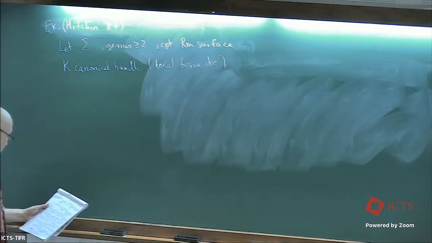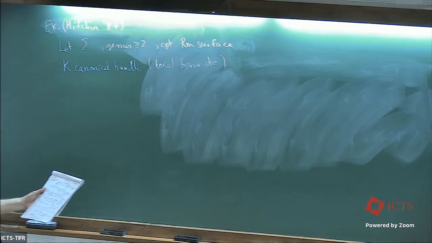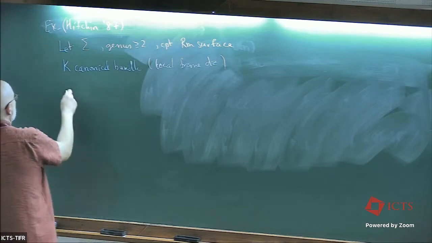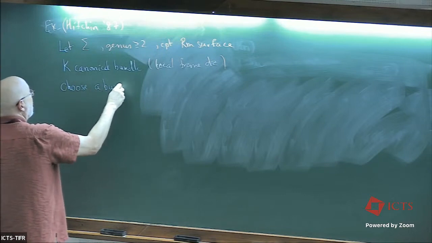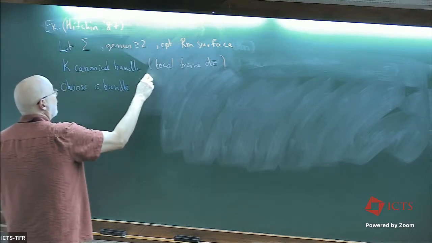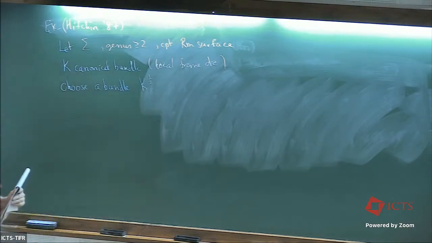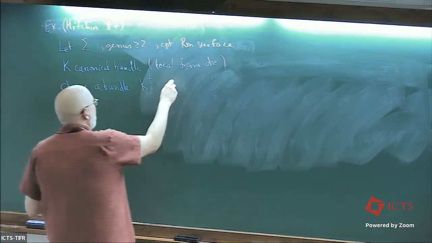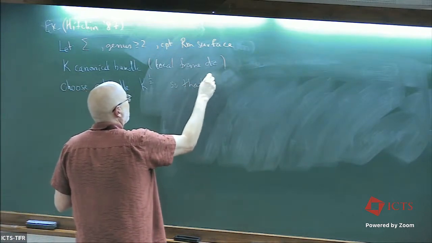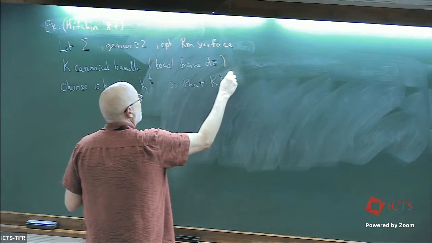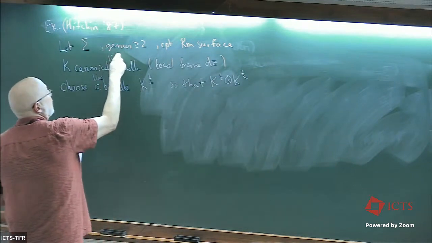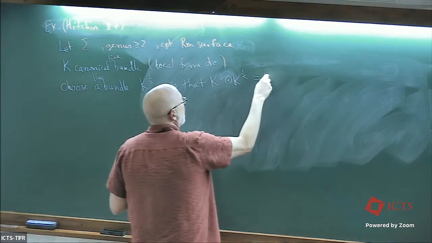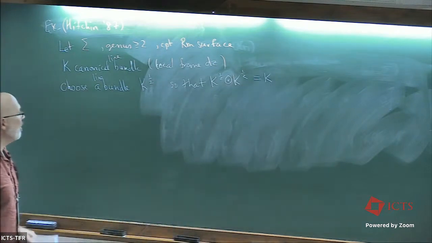So this is a holomorphic line bundle. So what we're going to do is choose a bundle which I'll call k to the 1/2, so that k to the 1/2, this is going to be a line bundle, squared is equal to k. Okay.